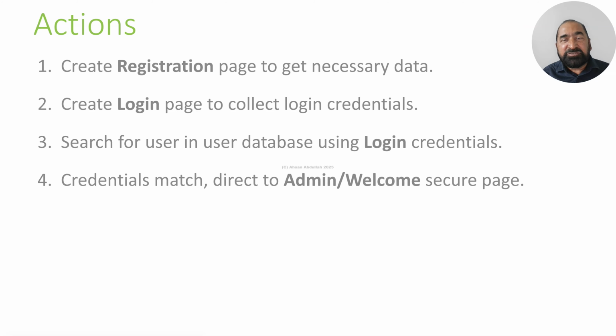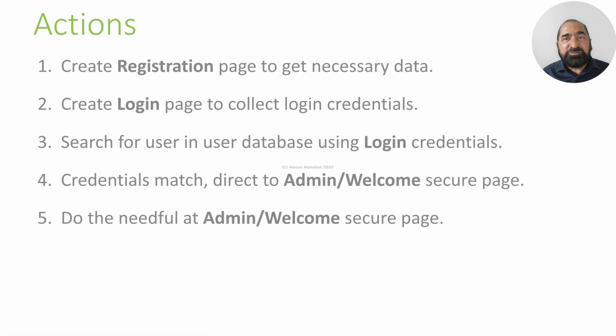When the authentication is successful, the control takes you to the admin or welcome secure page. So there is a registration page, a login page, and an admin page, and on the admin page there could be linkages with the operations you are looking at.